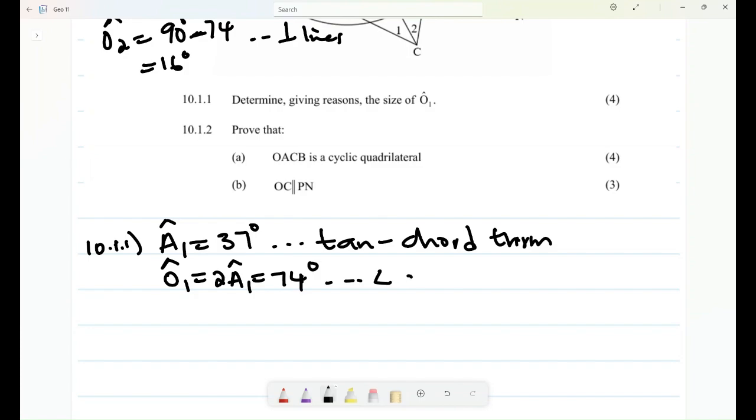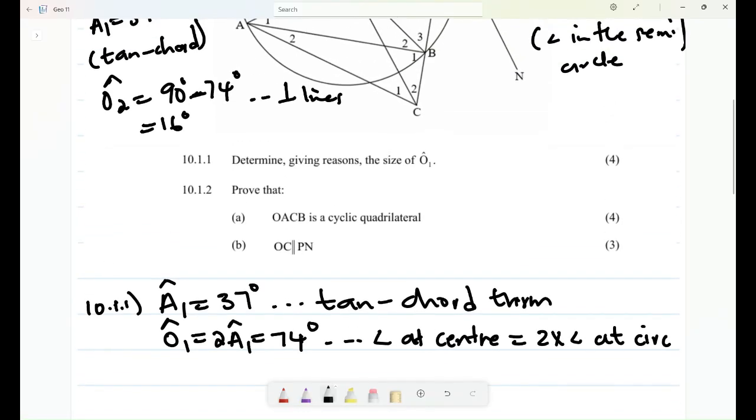What's the reason? Angle at center is equal to twice angle at circumference. All right, that's your 4 marks. 1 mark statement, reasoning, statement, reasoning.